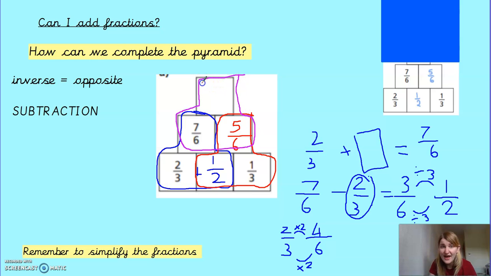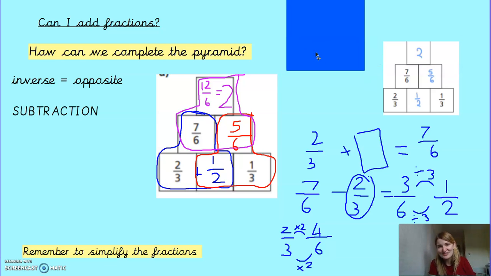If I wanted to write that as a mixed number, how many groups of 6 can I make out of 12? Well, it's 2 exactly with none left over, so it would just be a whole number on its own. Let's double check that. Here we go. Yes, the answer is 2.